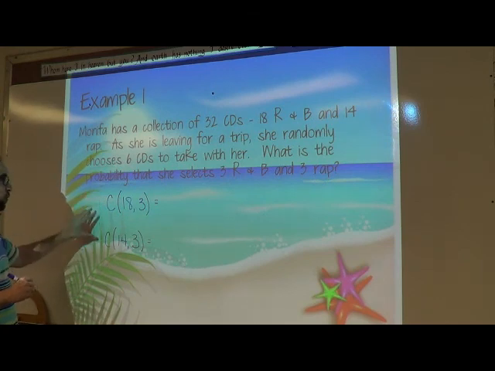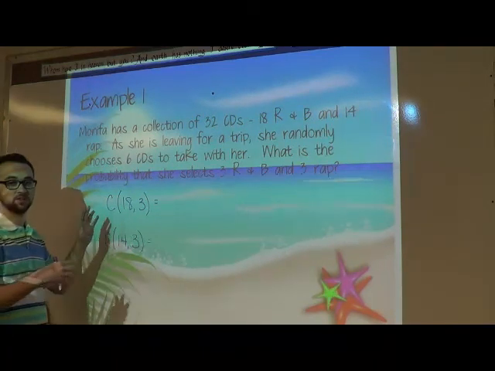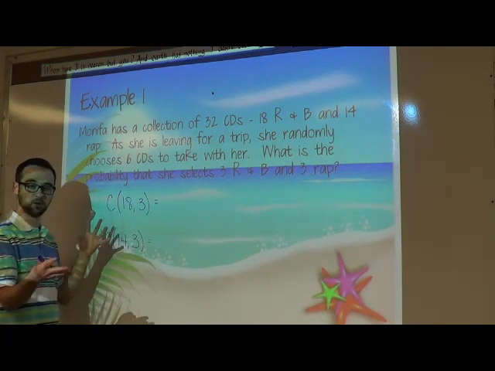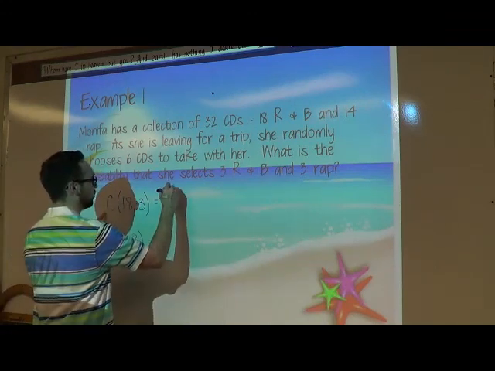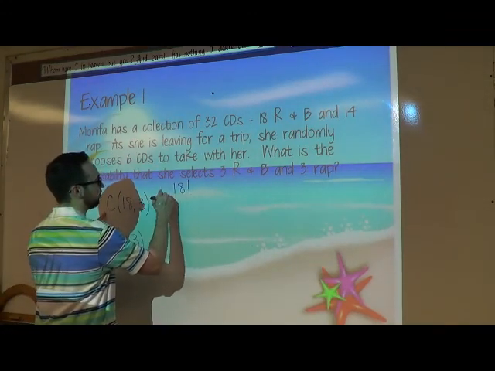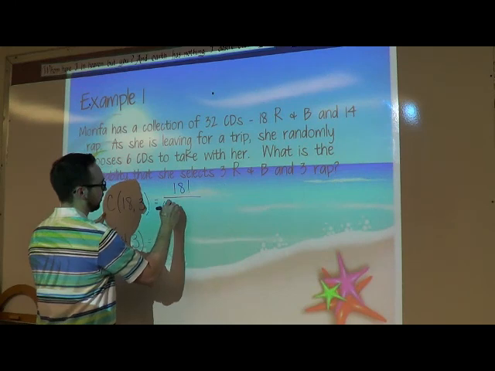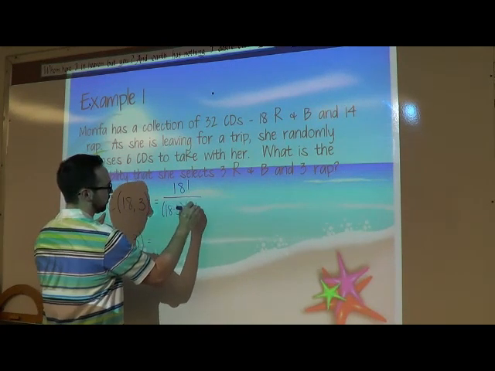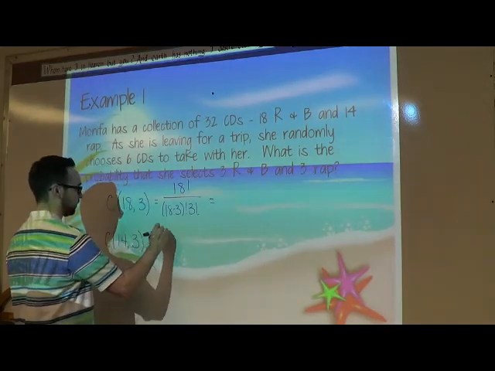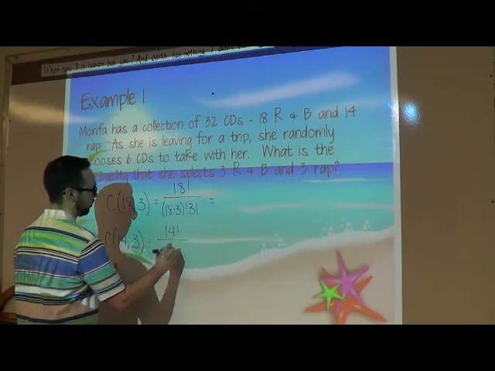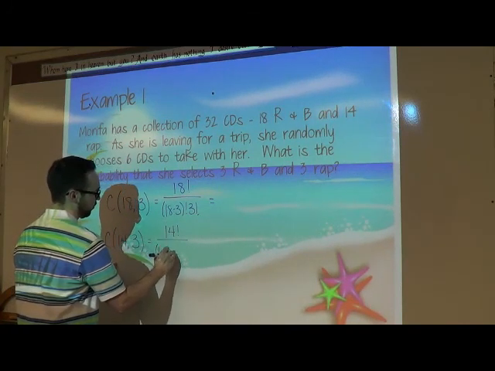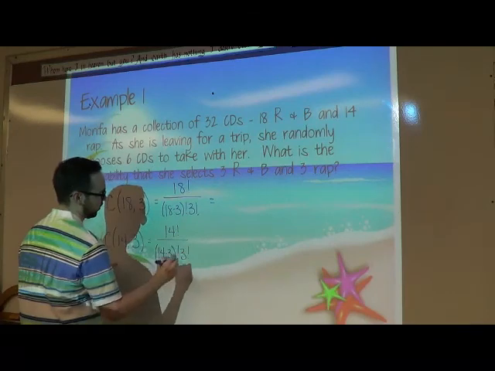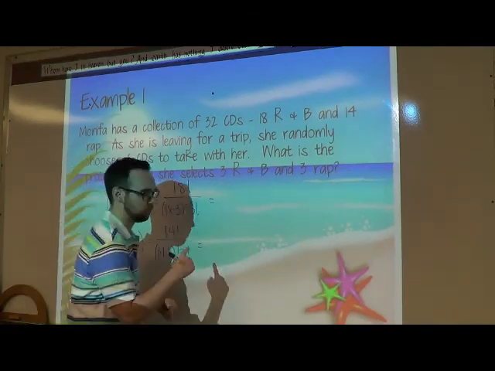We want to figure out how many different ways there are for each of those, and then using the fundamental counting principle, figure out the total number of ways. So this would be 18 factorial over 18 minus 3 factorial times 3 factorial, and we'll get a number for that. And then 14 factorial over 14 minus 3 factorial times 3 factorial, and we'll get a number for that.